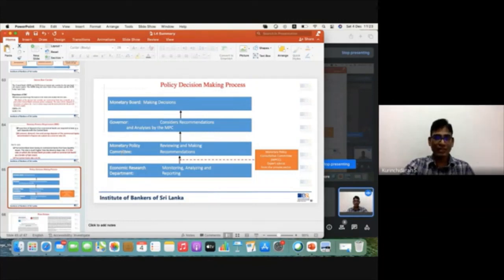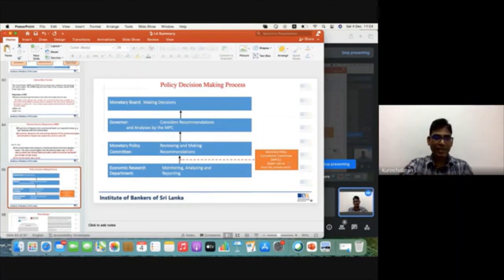Before they go to the MPC, they will have a consultation with the MPCC, the Monetary Policy Consultative Committee. You would have seen recently the governor of the central bank appointed eminent professionals from the market to that. These are external parties. You can get advice from them as well, because they are coming from the private sector. They will say, this is the reality of the private sector, or market reality.